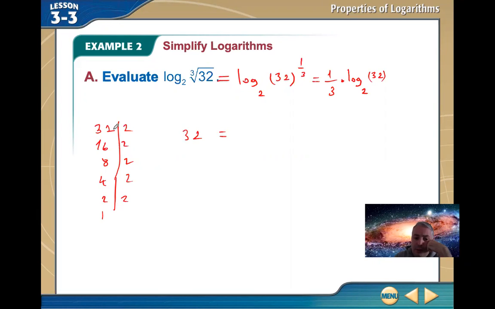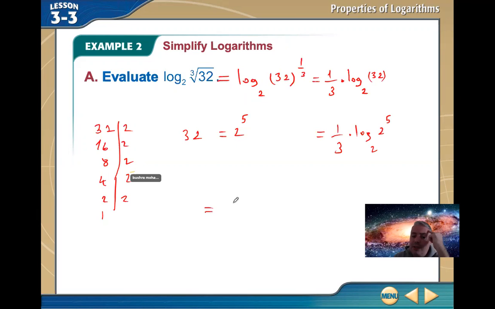So when I do prime factorization, it is equal to 2 to the power of 5. I mean, if you don't see this in your mind, normally you should. 32 is not difficult. 2, 4, 8, 16, 32. You should be familiar. So what I will have now is 1 over 3 log base 2 of 32, now 2 to the power of 5.